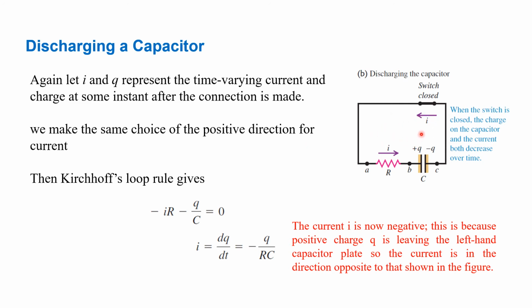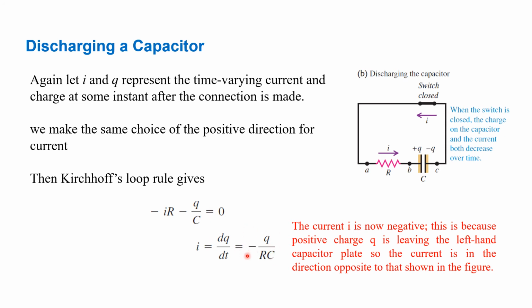Then applying Kirchhoff's loop rule here, you have negative IR minus Q over C equal to 0. Solving for I, which is dQ over dt, your I is equal to negative Q over RC.